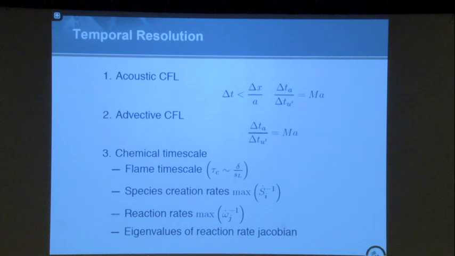Another way to define the chemical scale is to look at the species mass creation rates, or the maximum reaction rate time scale. And more formally, you can look at the eigenvalues of the reaction rate Jacobian to determine those chemical time scales. So the limiting time scale is the smallest of the chemical, acoustic, and advective time scales that you have to march at if you want to resolve that phenomenon.